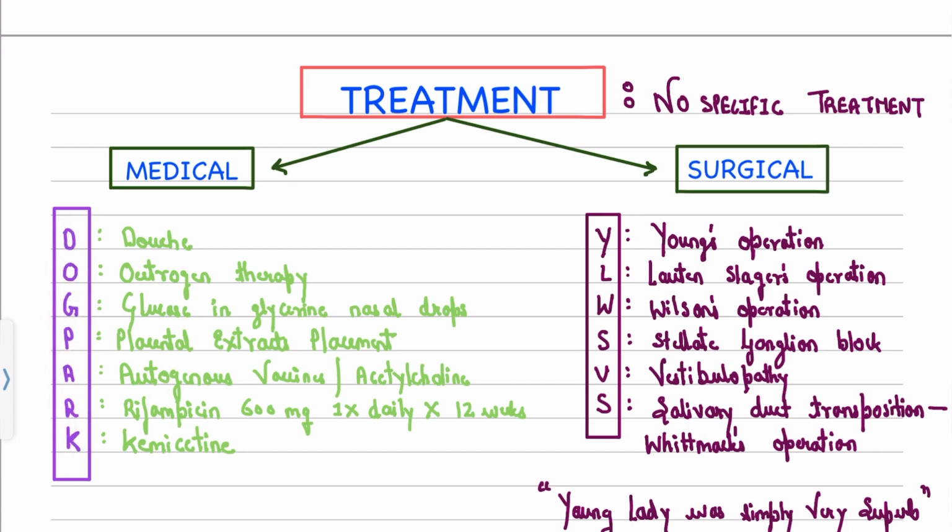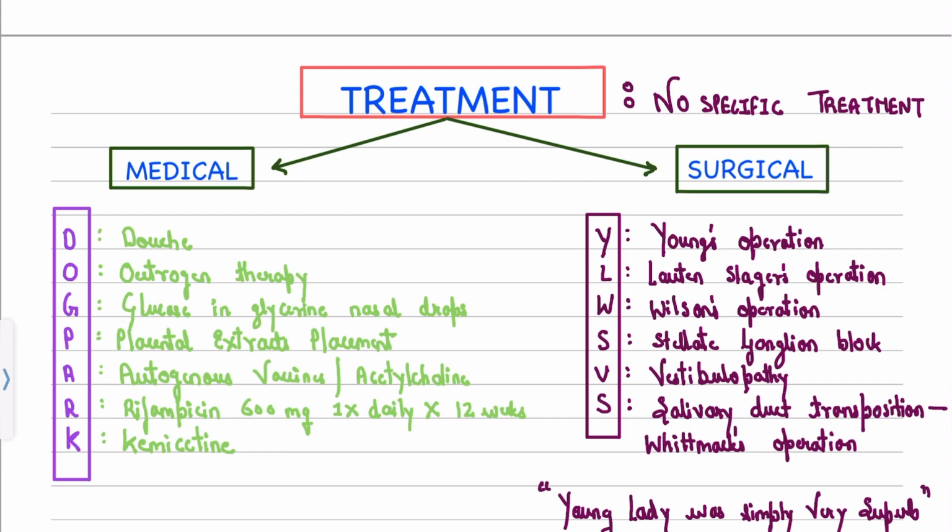The various regimens include nasal douching with D; with O we have estrogen therapy; with G we have glucose in glycerin nasal drops; P is placental extract placement in the nasal cavity; with EA we have autogenous vaccines; we also have acetylcholine; with R we have rifampicin 600 mg once daily for around 12 weeks; and with K we have chemacetine. All these things have to be tried individually. Everything is not given at one time.